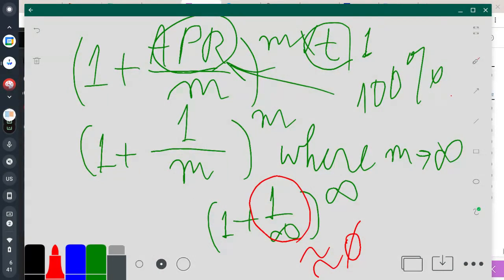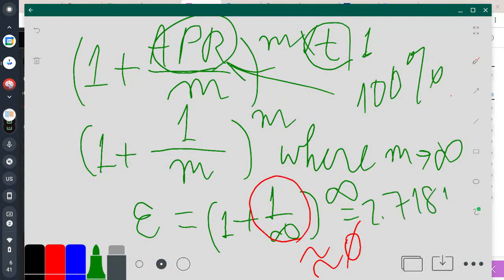So this result is called Euler's number, and that's actually a number like 2.71818, and so on and on and on. It goes on forever. But we don't really use that.